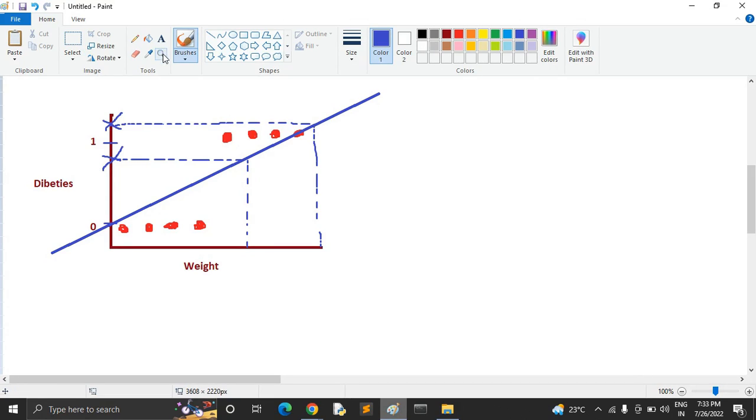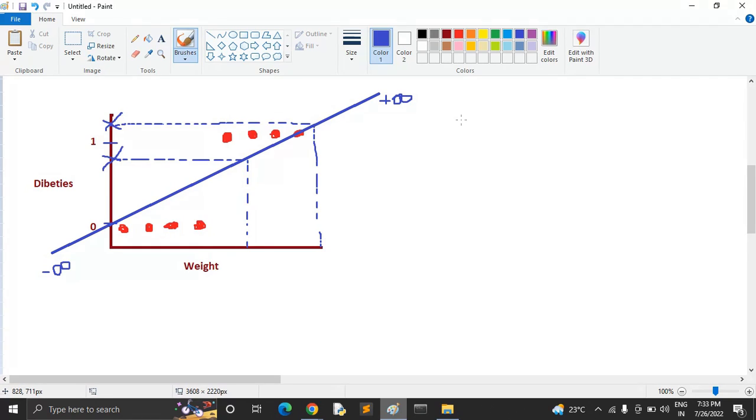But we all know when it comes to the line of regression, the range lies between minus infinity to plus infinity. The line of regression gives you the range of minus infinity to plus infinity, guys. Okay, that is the regression line.